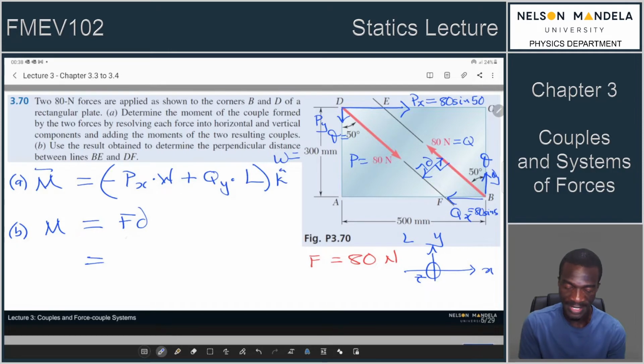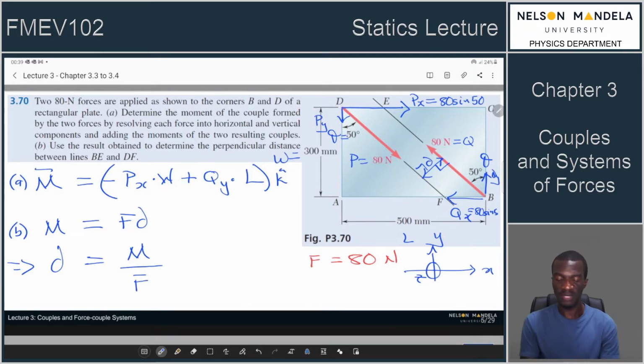We already know this value from this calculation. If we look for the magnitude of that moment, we will be able to say our D, which is the one required, right? We want to find the perpendicular distance. Our D is obviously equal to your moment M over the force F.